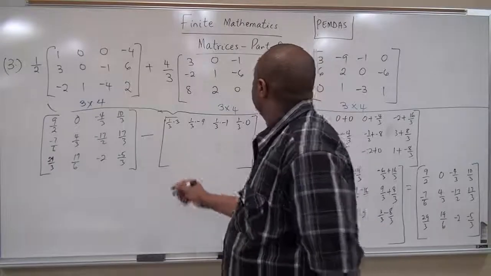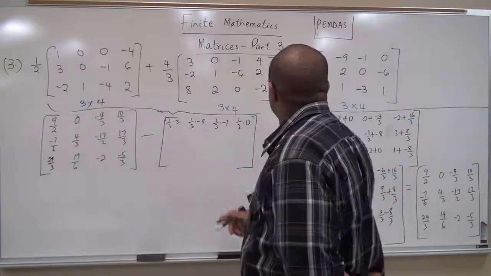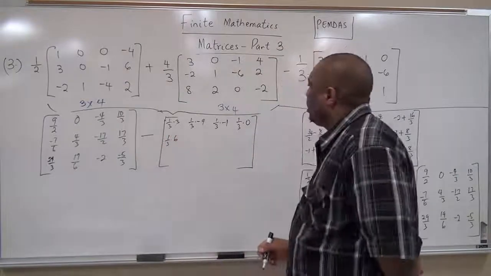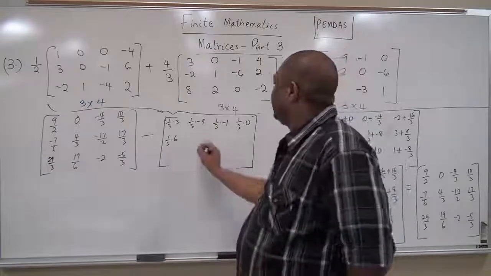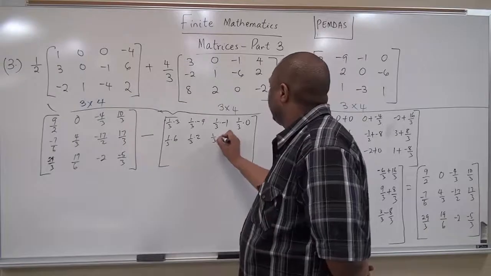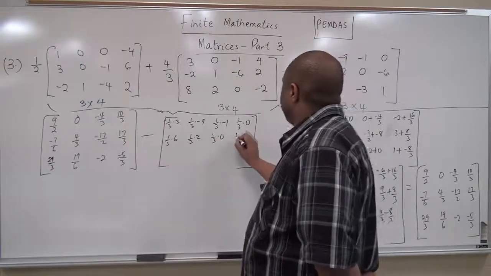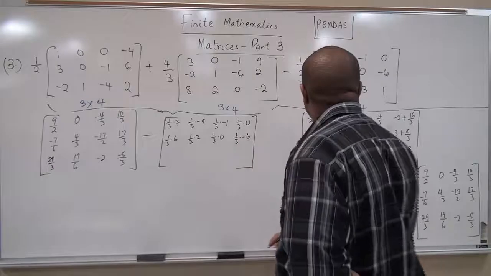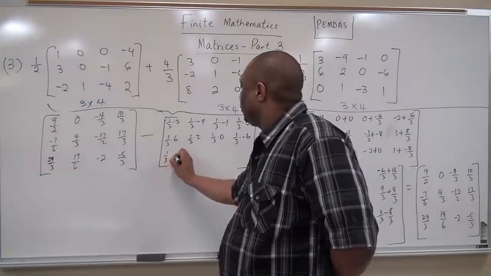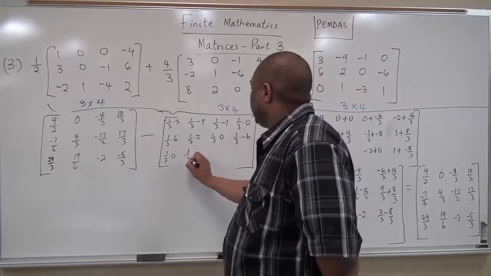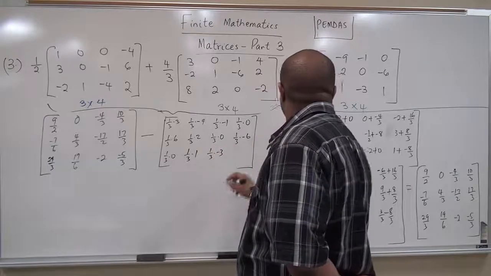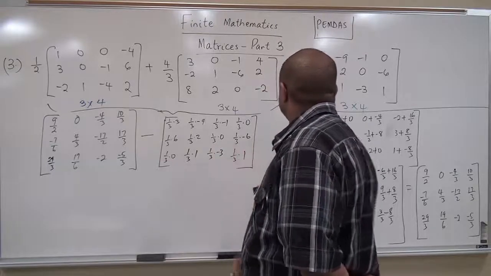Then 1 over 3 times 6, 1 over 3 times 2, 1 over 3 times 0, 1 over 3 times negative 6, 1 over 3 times 0, 1 over 3 times 1, 1 over 3 times negative 3, 1 over 3 times 1.